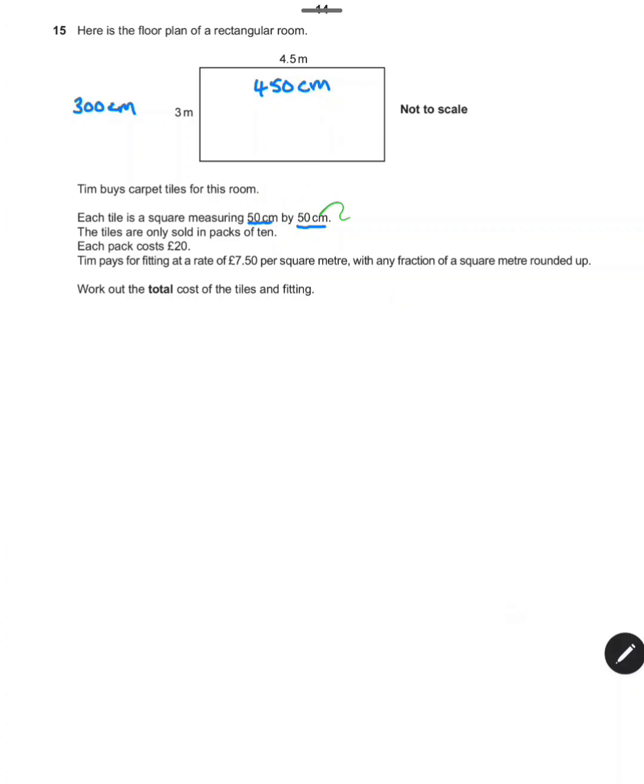What we can do with this information is figure out how many tiles are going to fit on this floor plan. So if this length is 300 centimetres and each tile is 50 centimetres, I can figure out how many tiles fit across this diagram.